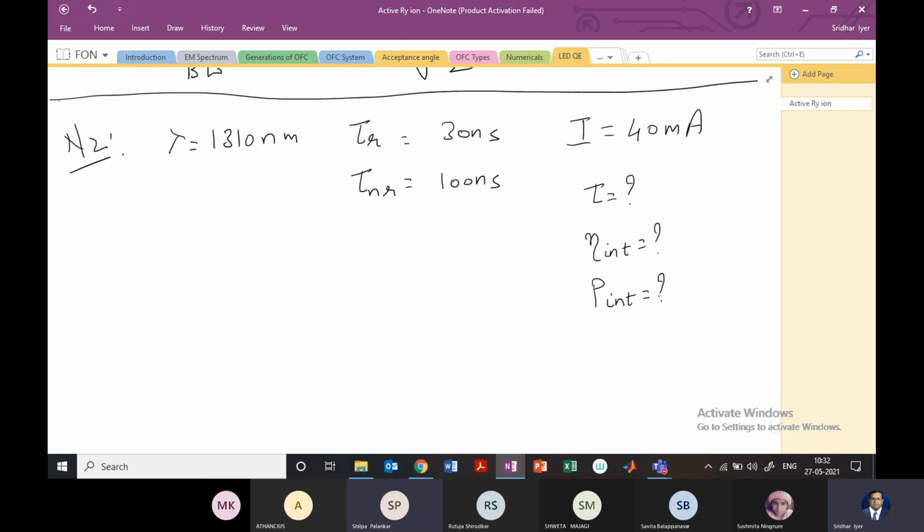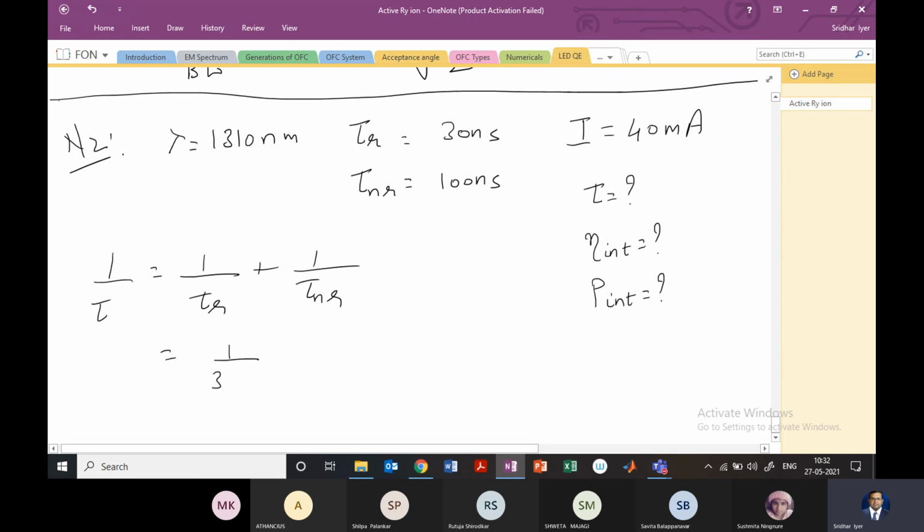So we'll use this equation: 1 by tau is 1 by tau r plus 1 by tau nr. Okay, so 1 by tau r is 1 by 30 and 1 by tau nr is 1 by 100.